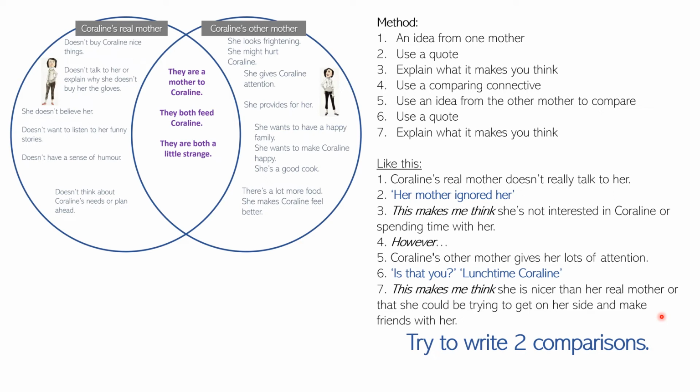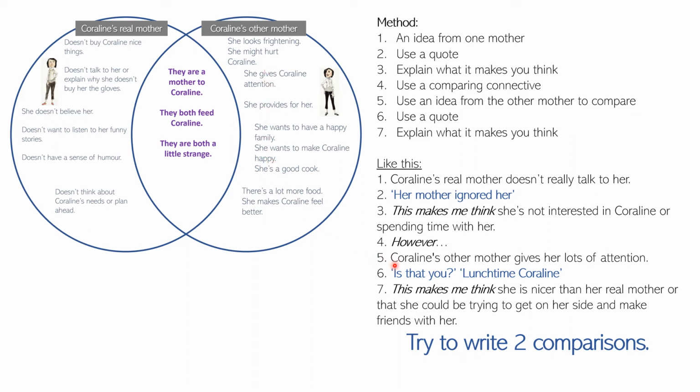Okay, so use this list 1 to 7: idea from one mother, go find a quote. What does it make you think? You're going to need to think about this bit yourself. What does it make you think about Coraline's mother? How does it make you feel about her? Use a connective from your list. Go to your other mother. What's your idea?